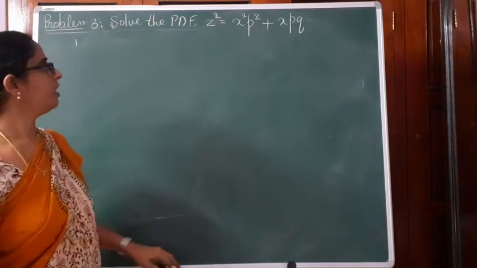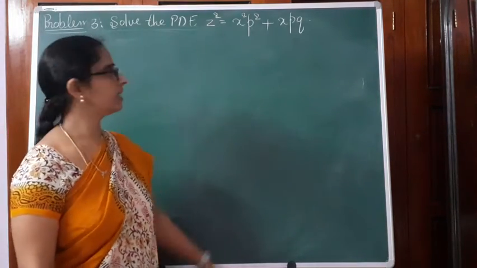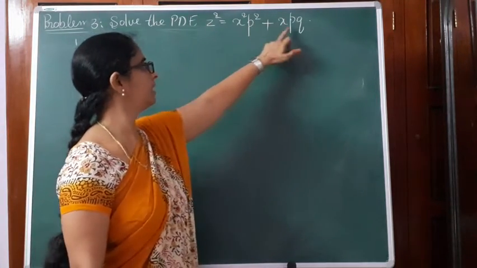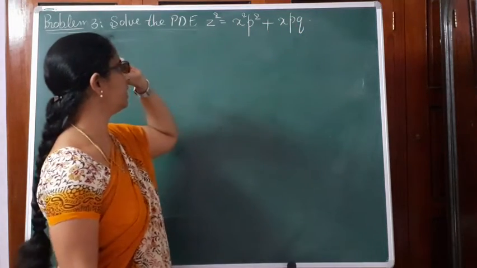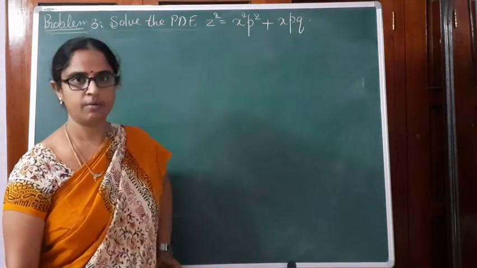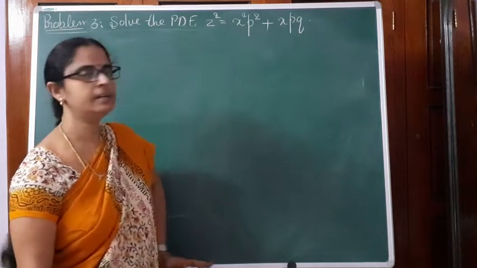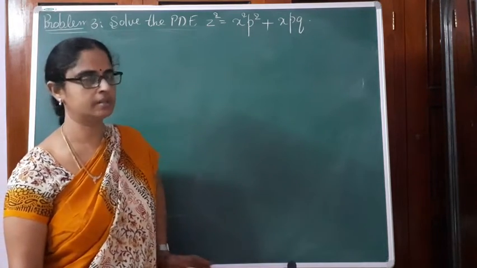So this is also a non-linear partial differential equation, as you can see, because you have p square here and p into q. Moreover, it is not in any of the standard forms 1, 2, 3 or 4.